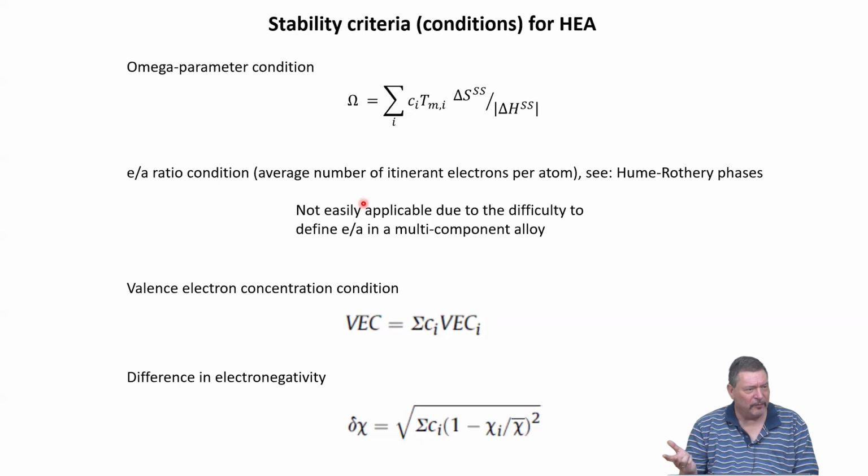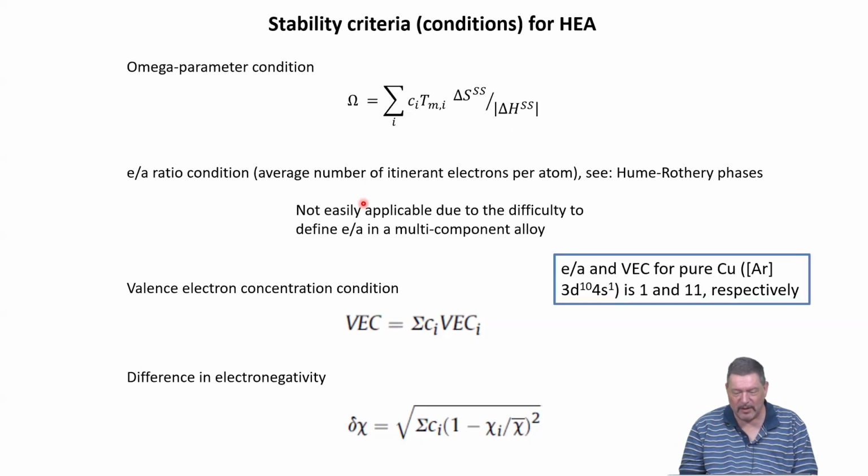And how many of the electrons from the d orbitals actually contribute is not so easy to calculate. So how many do you count as the ones which you put into the E/A ratio?